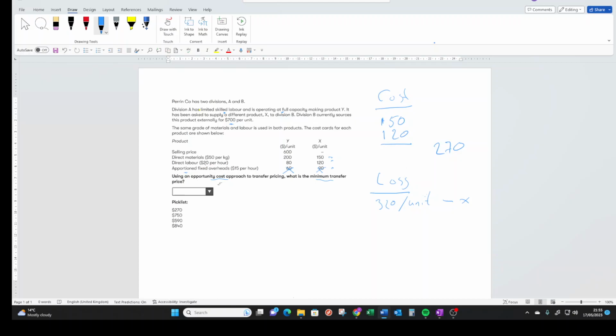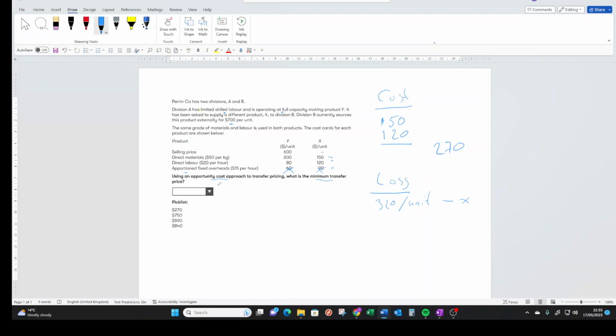Now the next thing we need to think about is how many units of Y we cannot make for each unit of X that we do make, and we use the direct labour because there's limited skilled labour.